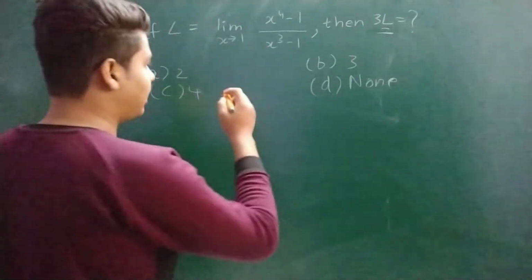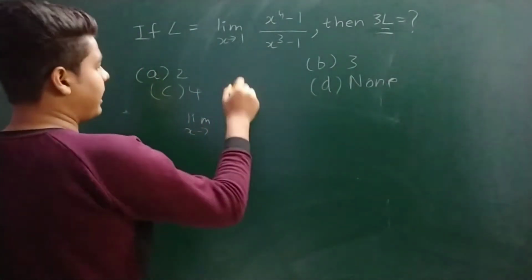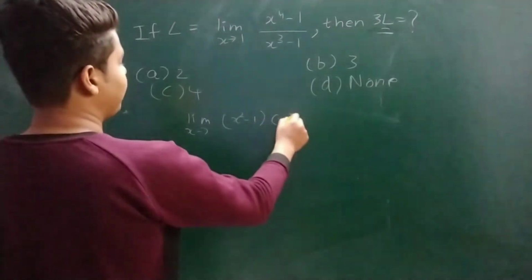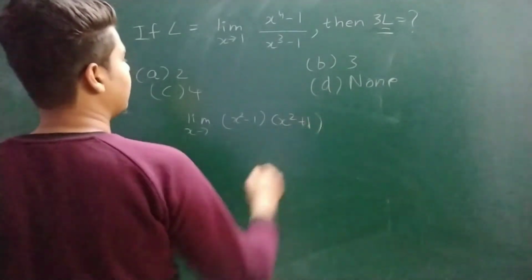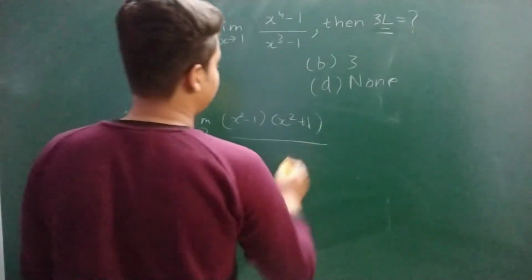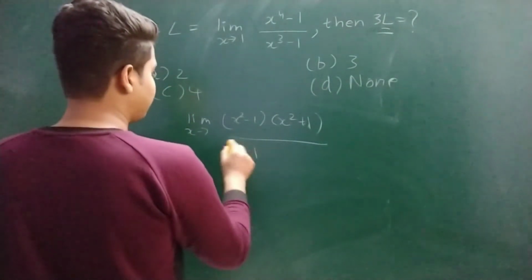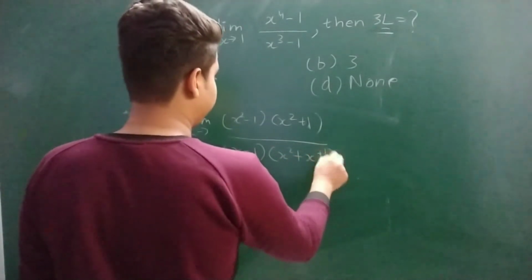So we first break down the expression. x to the power 4 minus 1 can be written as (x squared minus 1) multiplied by (x squared plus 1), and at the same time x cube minus 1 can be broken down using the formula of a cube minus b cube, that is (x minus 1)(x squared plus x plus 1).